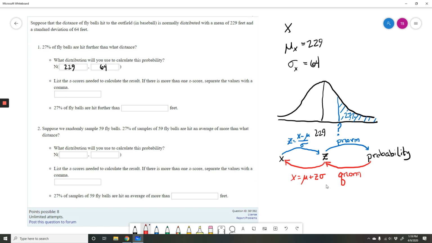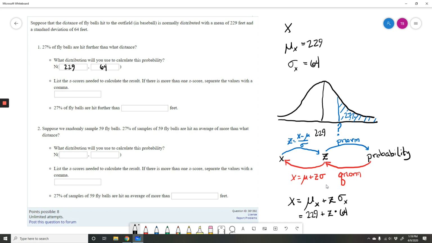Okay, so for this, our x is going to be our mu x, let's be specific since we're going to have multiple x values, plus our z times our sigma x. So for us, that's going to be 229 plus the z-value we just got with the qnorm function, times our sigma x, which is 64.